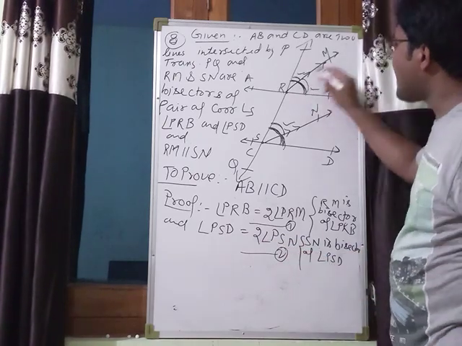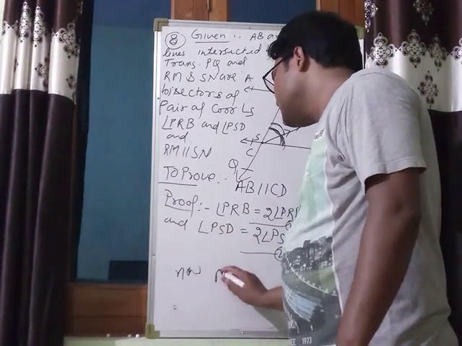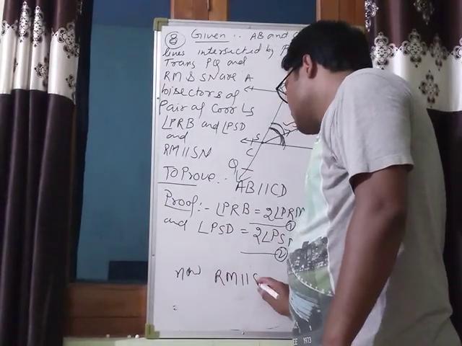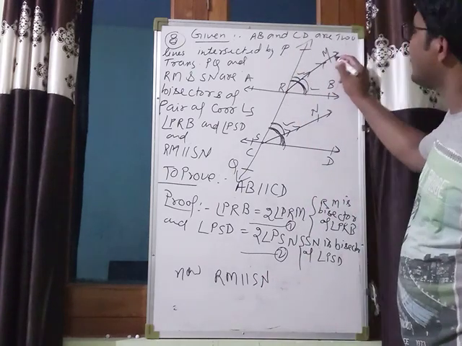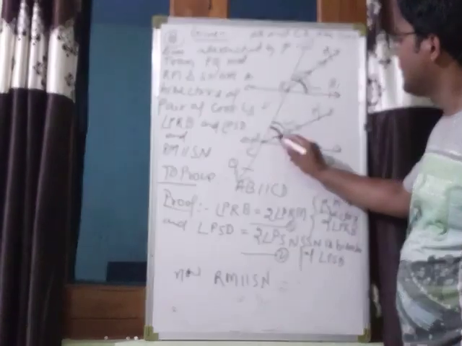Now it is given that RM is parallel to SN. It is given. This line RM is parallel to SN.